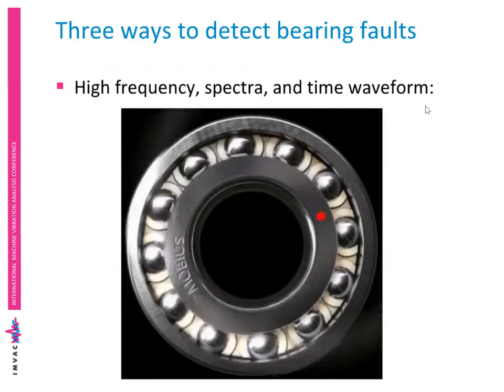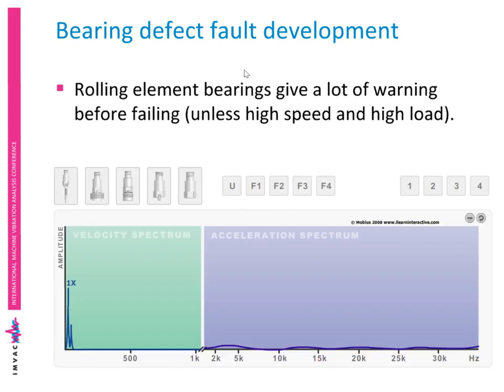So the beauty of it is I can detect it at different stages. Now this little simulator is a little bit complicated, but the thing is that as the fault develops, we see the fault condition develop by monitoring the very high frequencies, and as the fault gets worse and worse, the frequencies generated become lower and lower.